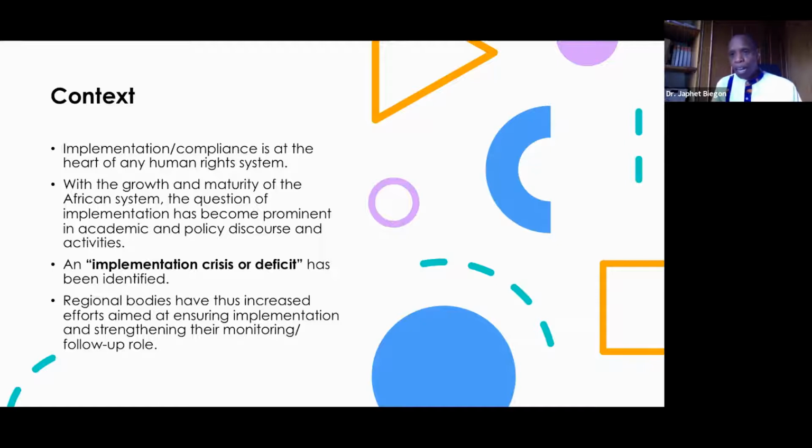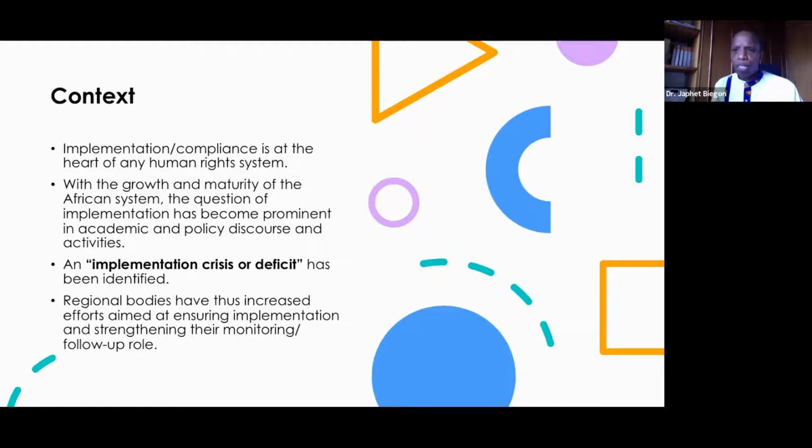This focus, this almost obsession with the question of implementation, has come about because there has been what people have referred to as an implementation crisis or deficit. This is because of the low compliance by states with the decisions that the bodies have issued, as we have seen from the quotes of these institutions. In 2007, one of the leading studies on the extent to which states have complied with the decisions of the African Commission found really low compliance.